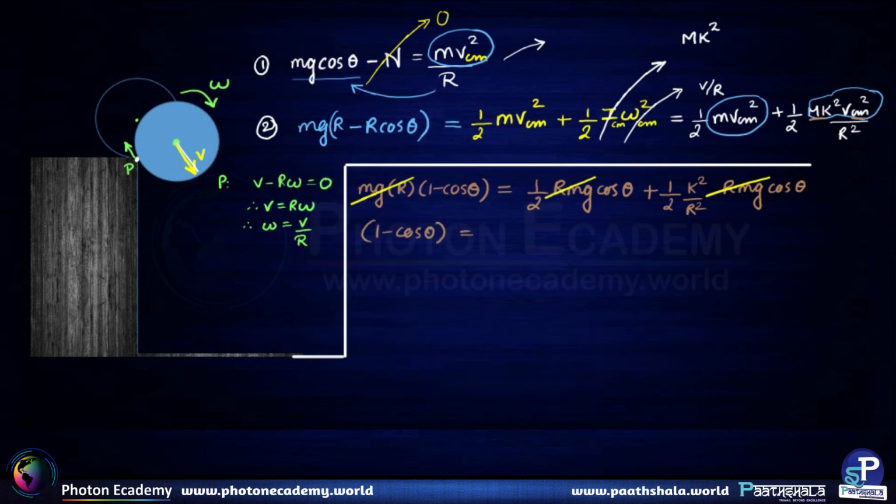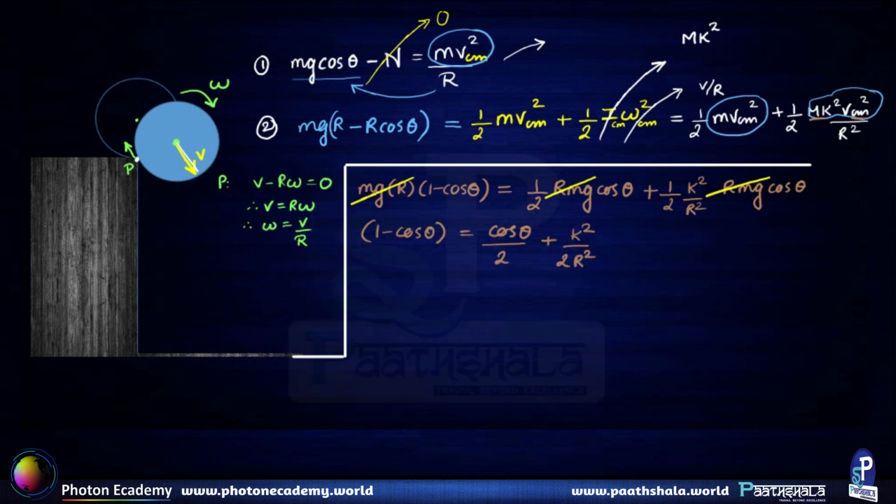is equal to cos theta by 2 plus k square upon 2r square cos theta. Alright, so since we have to find out cos theta, it is best to isolate all the terms having cos theta and then simplify.